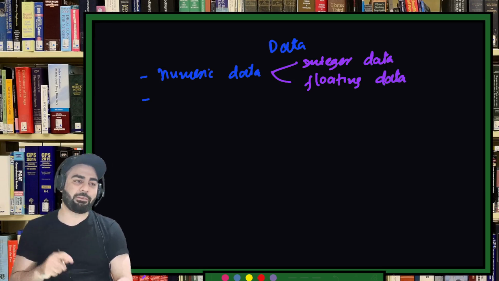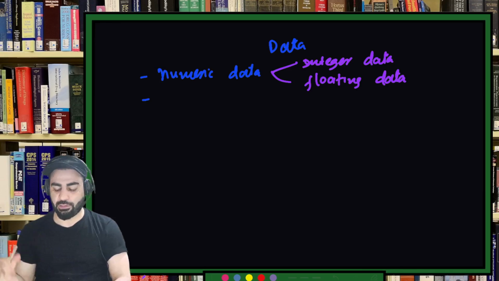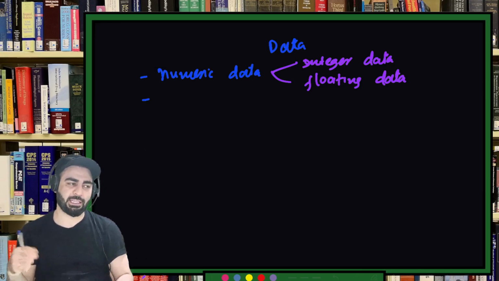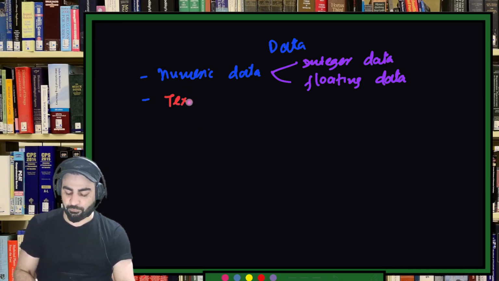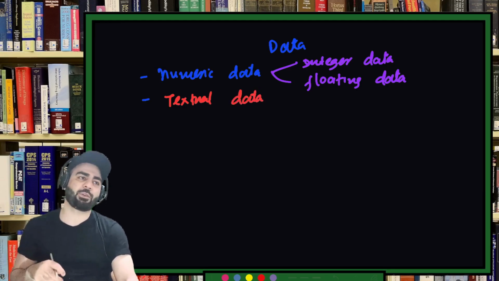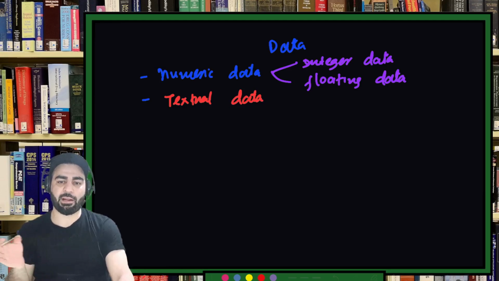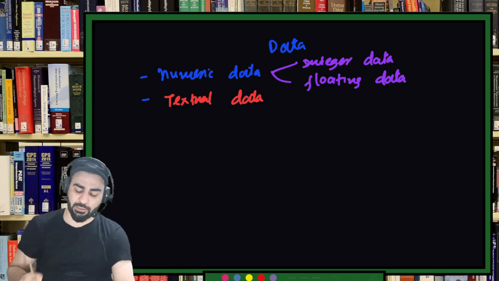By integer I mean the values can be 1, 2, 3, 4, and floating point is 10.5, 6.4, something like that. Then we can have textual data. This textual data can be strings, and we can have a paragraph, something in writing. Usually in tables we have this sort of data.